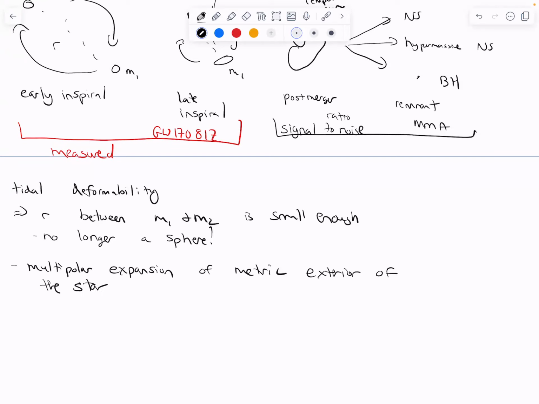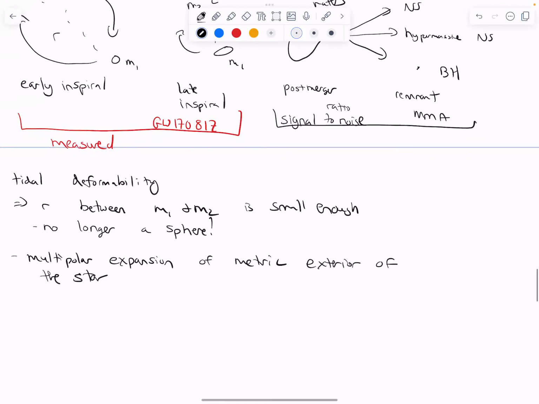And so this is stuff, if you're familiar with spherical harmonics, right, you can get different types of deformations to something. You can get a quadrupole deformation, you can get an octupole deformation. In fact, this is something that you can go into GR and actually work on deriving. And so you can get all these different moments of the star to understand what it would be deformed like. So hence doing this expansion. So first we get this for the exterior of the star.